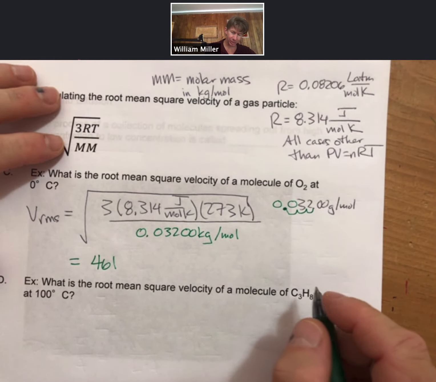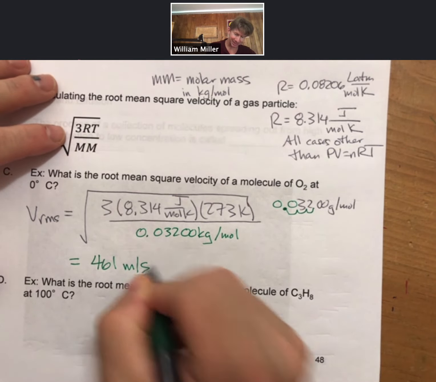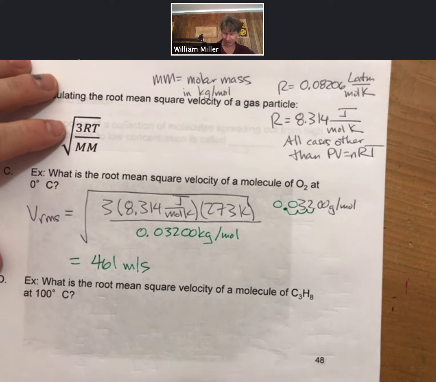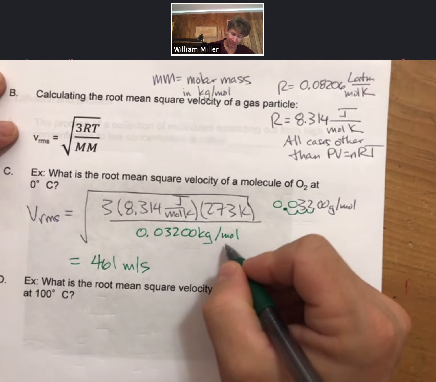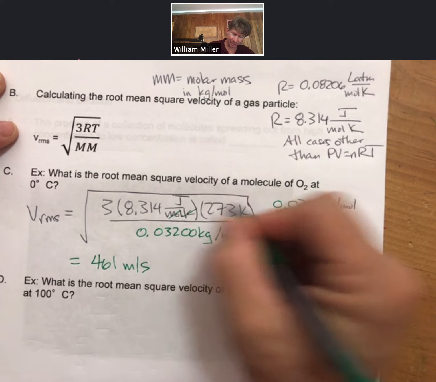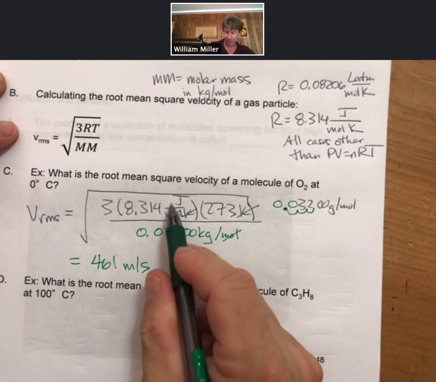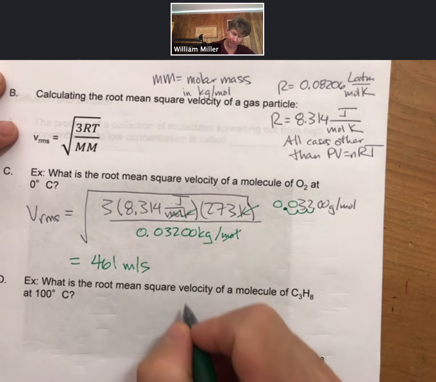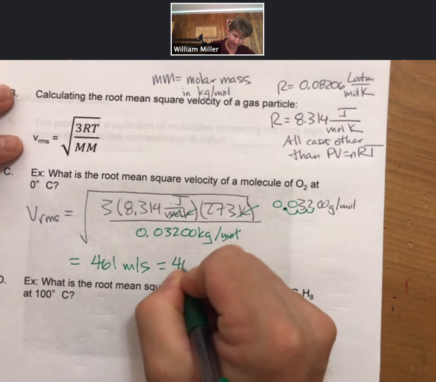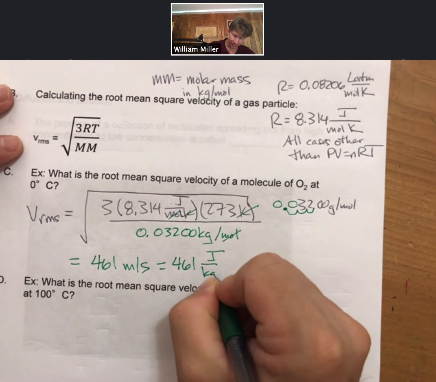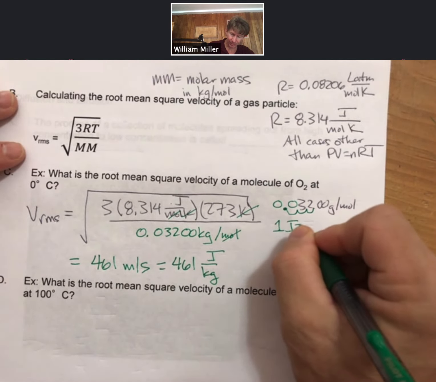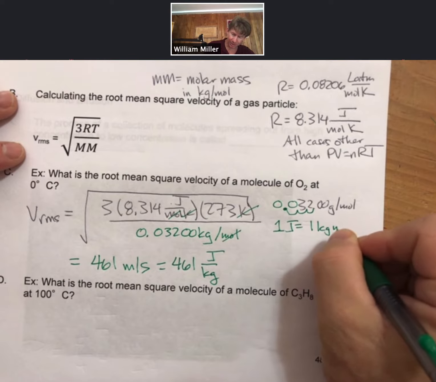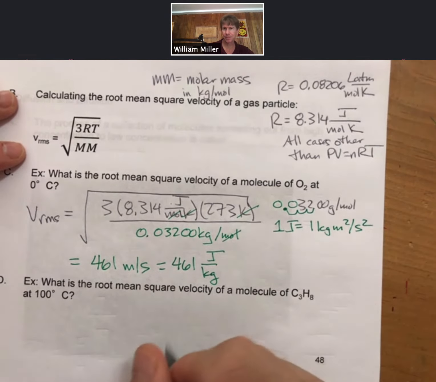We can talk about units, or we can just accept the fact that this comes out as meters per second. Let's talk a little bit more about that. We can see that our moles cancel, our kelvins cancel, and we are left with joules per kilogram. It turns out that 1 joule equals 1 kilogram meter squared per second squared.